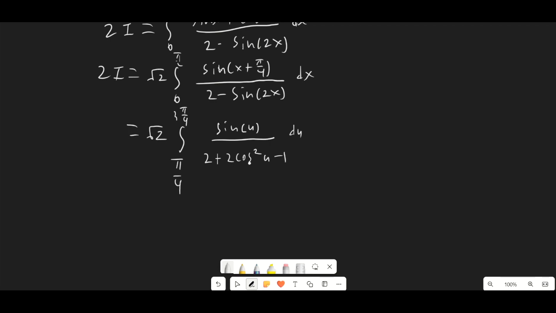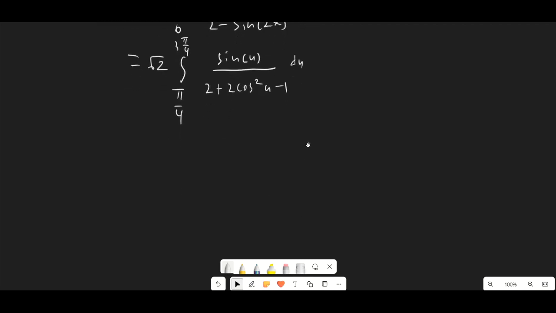We're going to rewrite this as 2 cosine squared of x minus 1. And now what we can do is substitute u equals cosine x, and it works out very nicely. So after u equals cosine x, we end up with square root 2 integral. Oh, wait. Do we have a problem here? Huh.